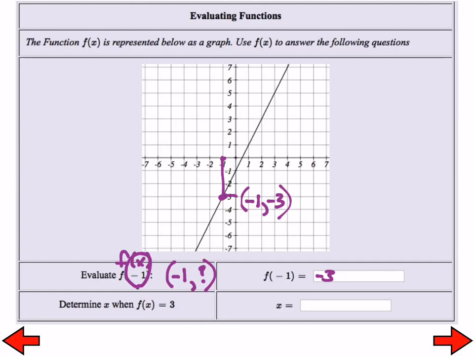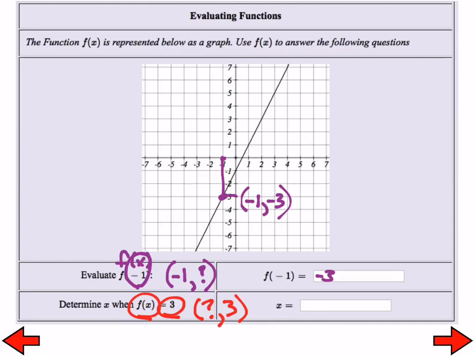All right, so now we sort of reverse the process. So when the function has a value of 3, so this is like this in terms of an ordered pair. What is the x value when the y value or the function value is 3? Well, we look at the graph once again.